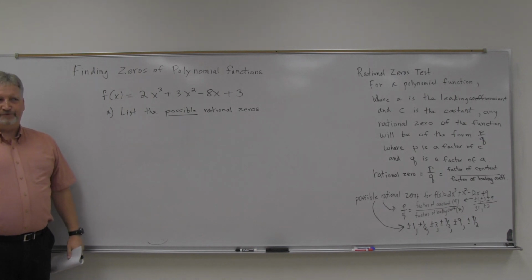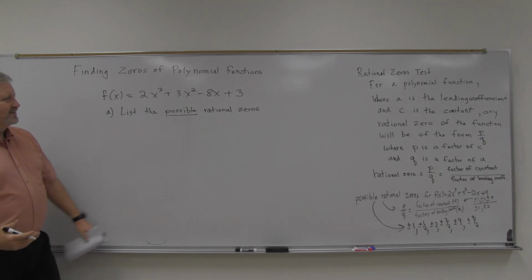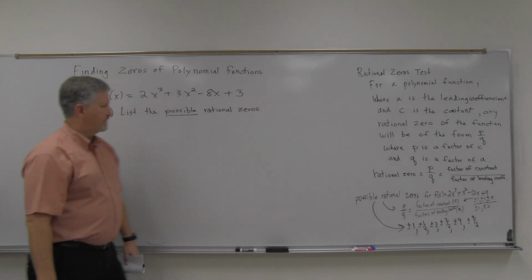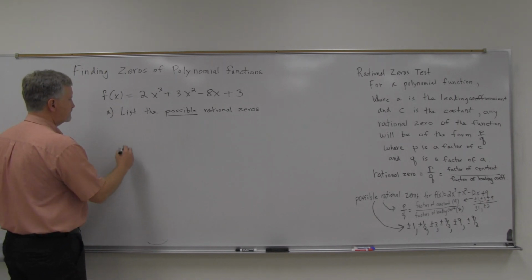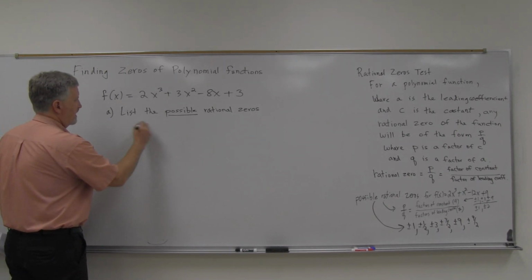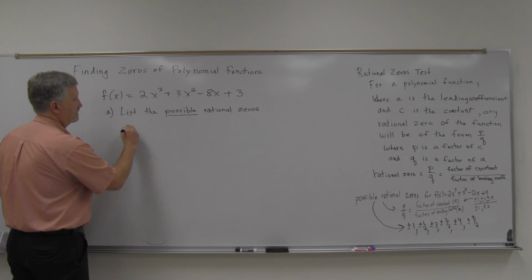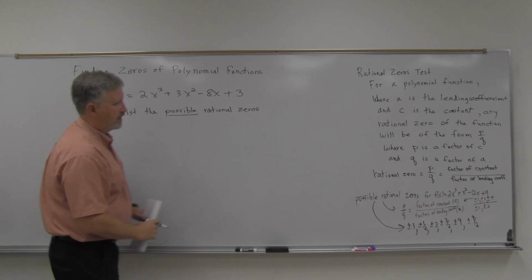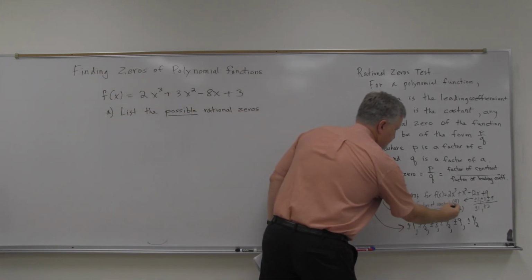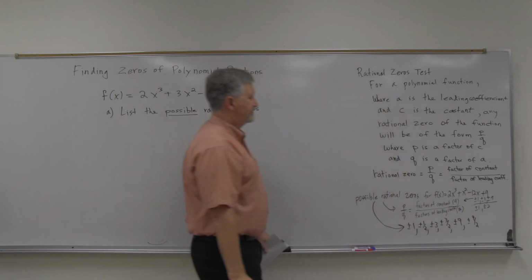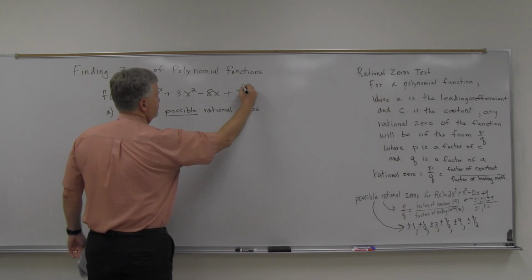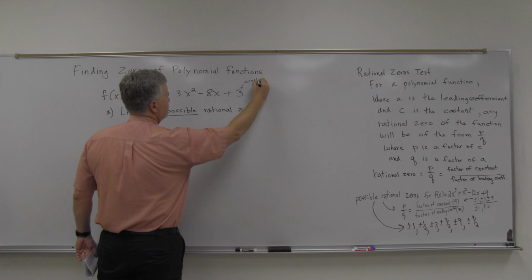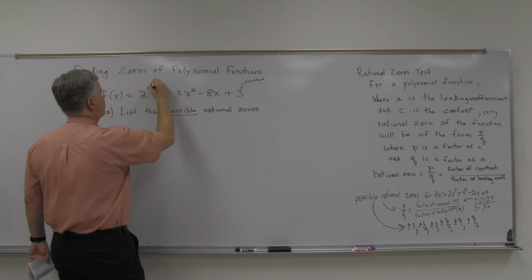These are just the possible ones, using this rational zeros test is what they have in mind. And so the possible rational zeros are, what do I do? I do the factors of the constant divided by the factors of the leading coefficient. Here's my constant. Here's my leading coefficient.